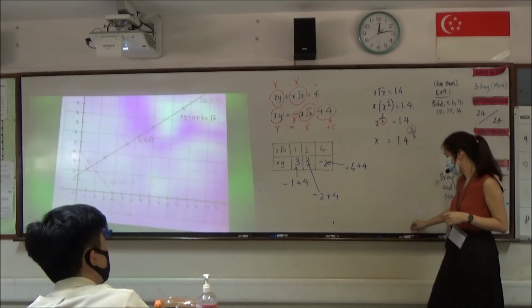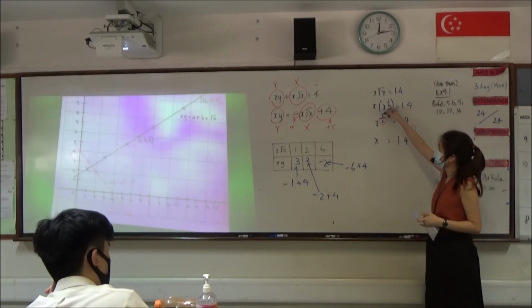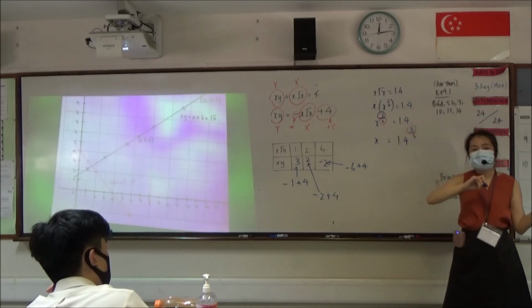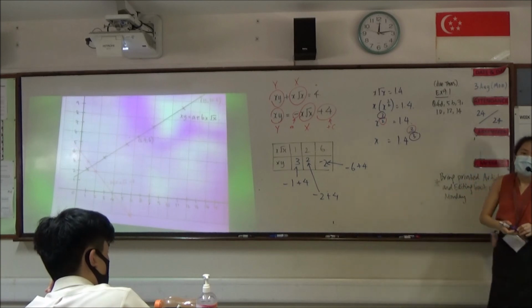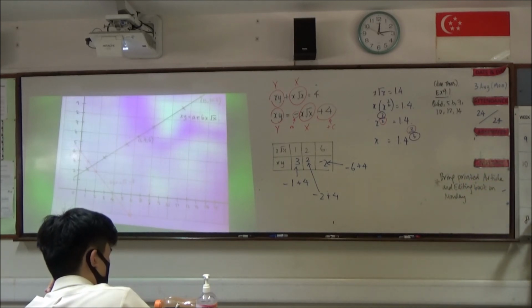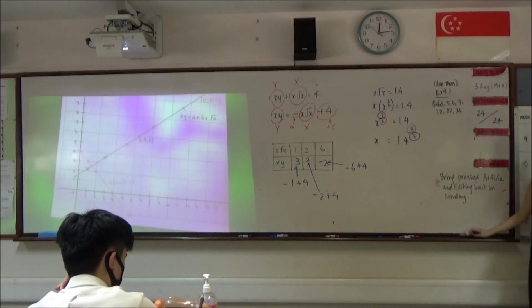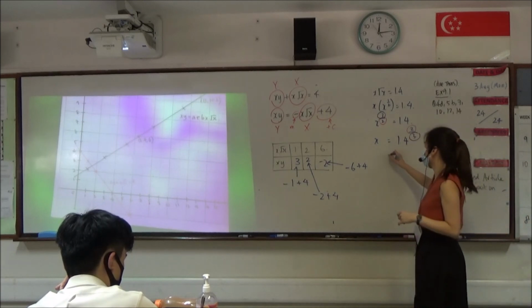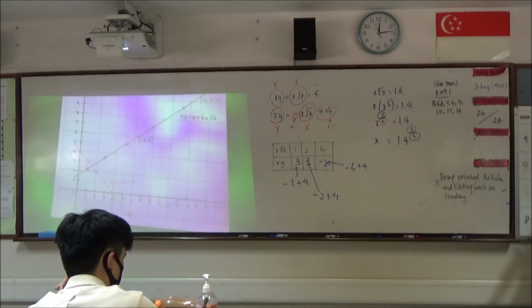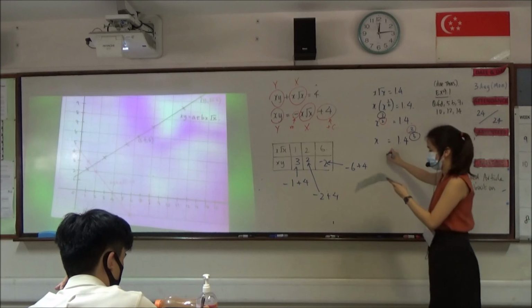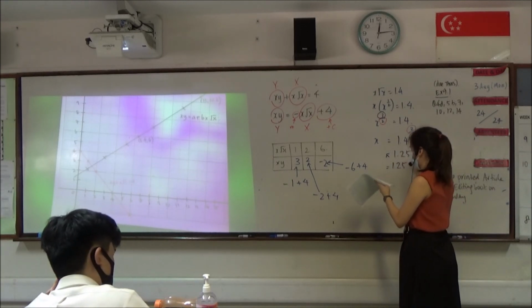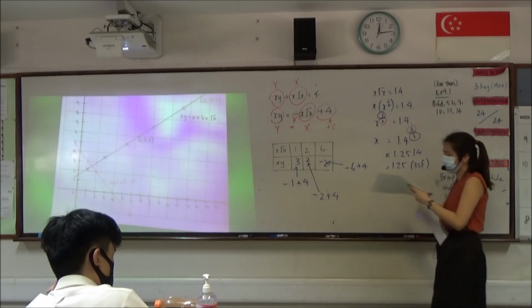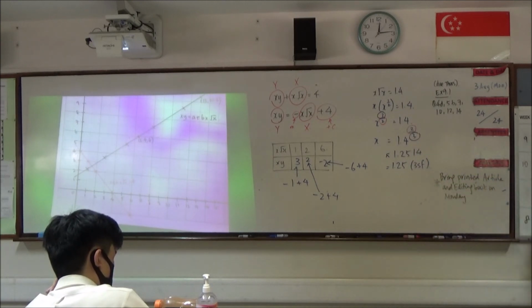Then this 3 over here represents a cube. The opposite of cube is cube root. Do you understand? Okay, and then we can press the calculator and we get about 1.2514, which is 1.25 to 3 SF.